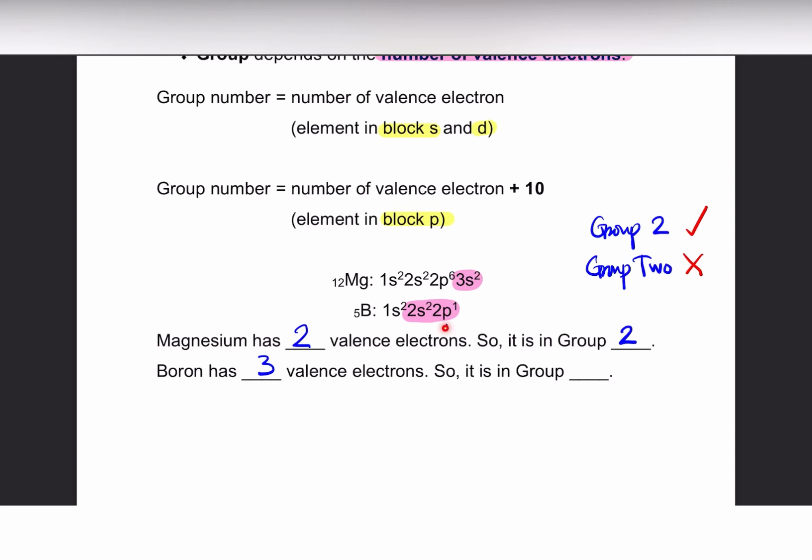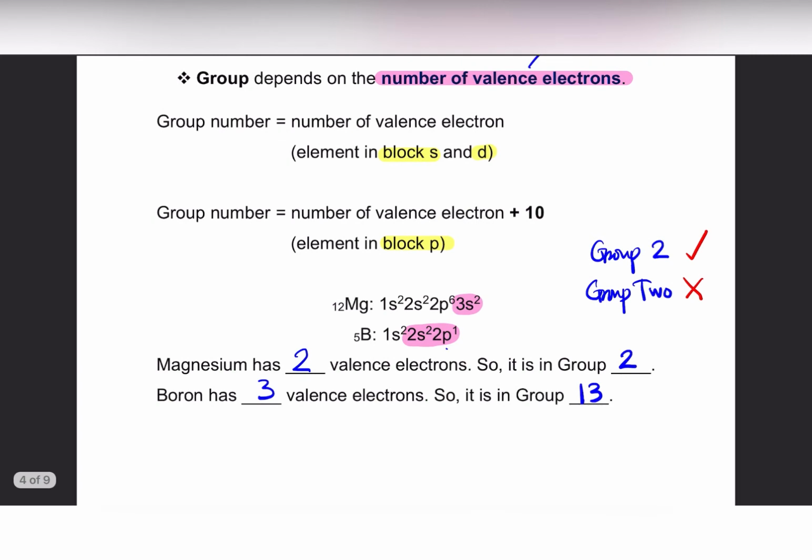So, maknanya boron ni sebenarnya berada dalam blok P. So, bila blok P, apa yang kita kena buat untuk tentukan group number, kita kena tambah 10. So, maknanya 3 ini akan tambah dengan 10. So, boron is in group 13. So, itulah cara untuk awak tentukan group for any elements given.